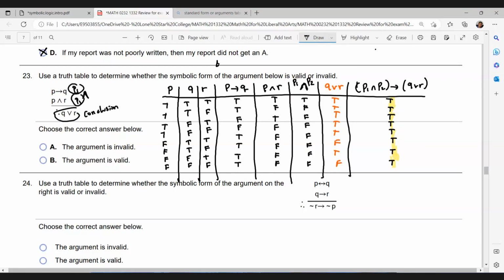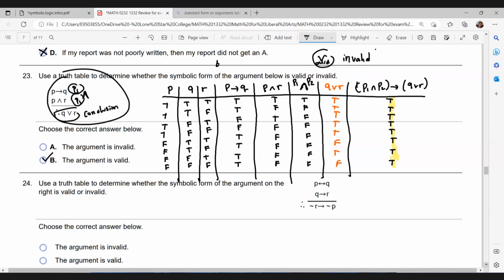And then, in order to determine whether this particular argument is valid or invalid, we connect these two columns with the conditional. If the answer is a tautology, then it is valid. So in this case, it turns out that the argument is valid.